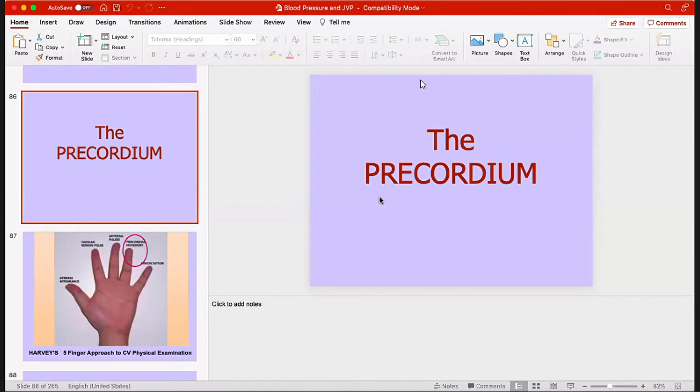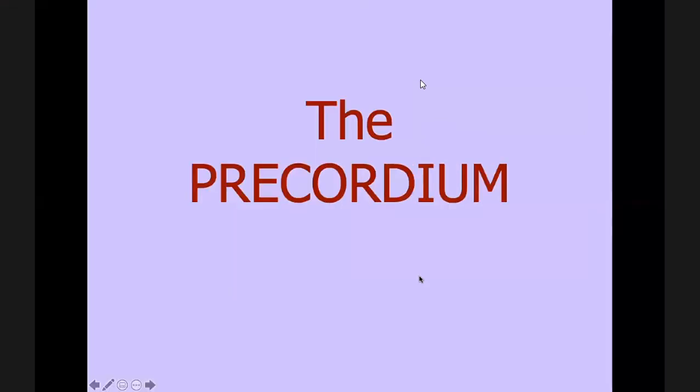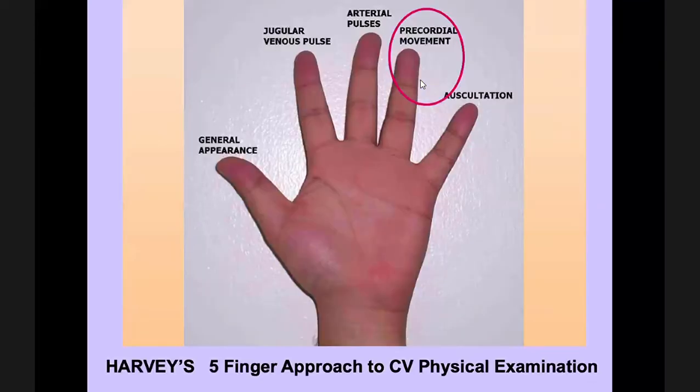Okay, we'll start with the examination of the heart, the precordium. So to start with, we inspect the chest for any precordial movements.